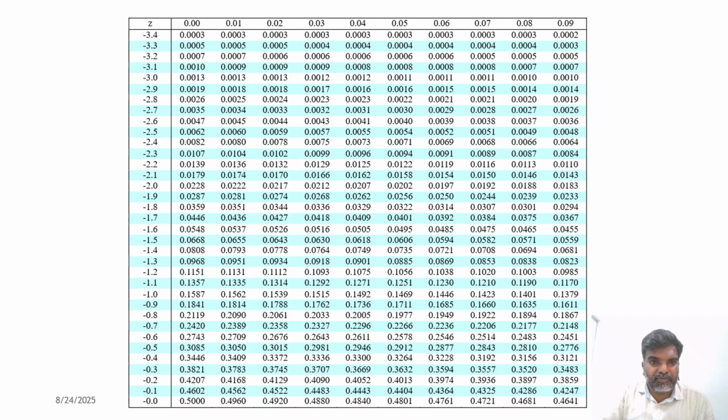See, we use the other table for negative Z values. In our last example, we have Z equal to minus 1.28. Okay, now you can see in the first column minus 1.2, you can see here minus 1.2. Okay, minus 1.28 Z value. So for the 8, you have to see the top row.